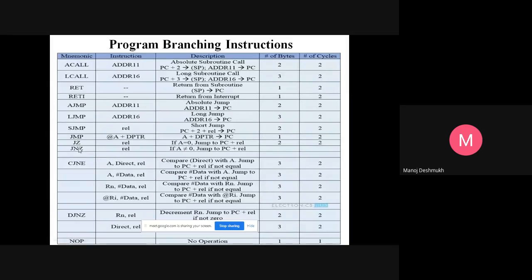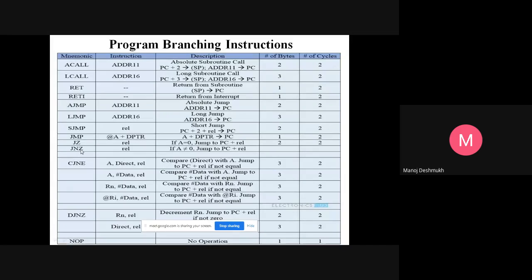Next are JZ and JNZ. Jump if the content of the accumulator is 0. After performing some operation, mostly an ALU operation such as subtraction or multiplication, if the result is 0, then the program counter will jump to the relative label that is mentioned, up, down, whatever.